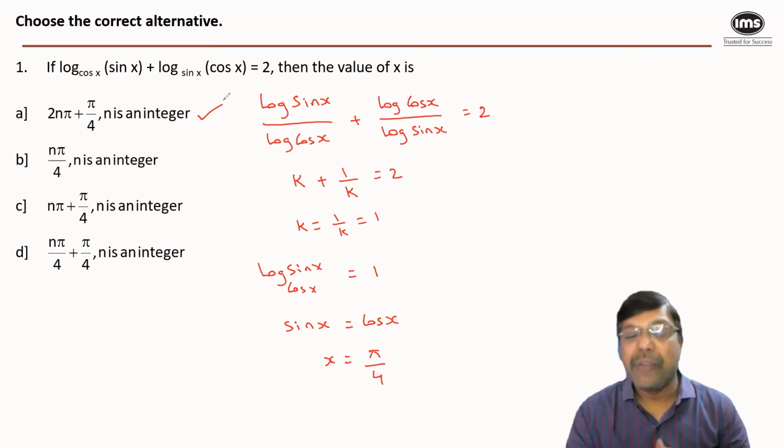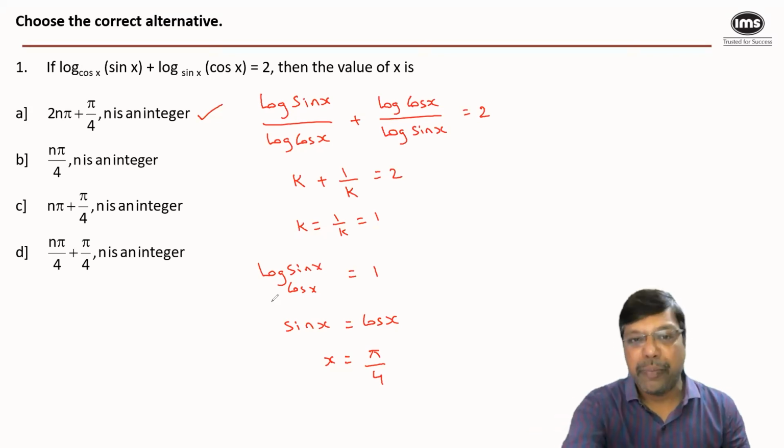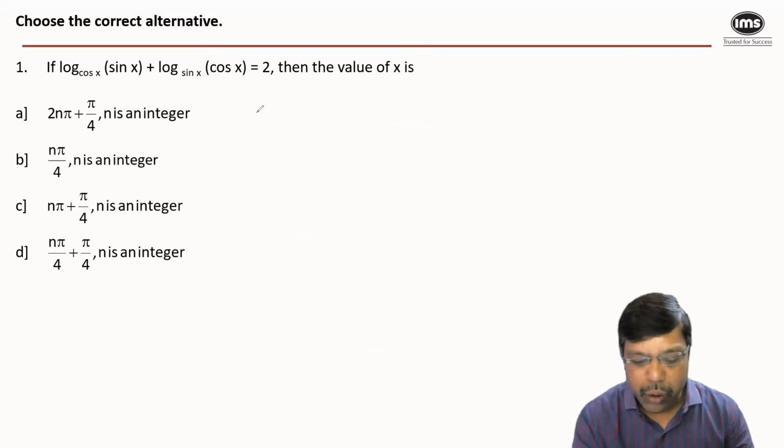Now, in case the student hasn't got the idea of writing this entire value as k plus 1 by k is equal to 2, let me also show you the conventional method in which you can solve this question. I will write this as k plus 1 by k is equal to 2, which helps me form a quadratic equation.